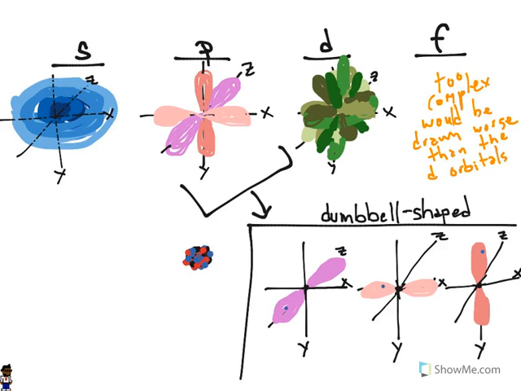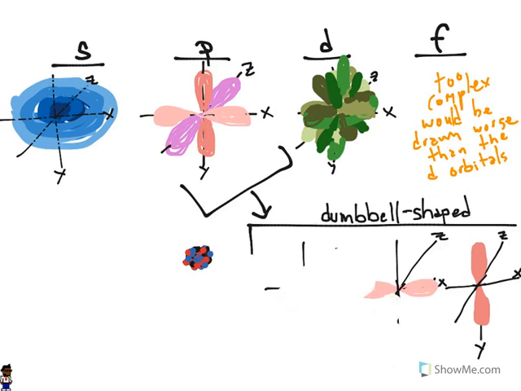Once they're all half filled, the next electron has no choice but to fill in one of the orbitals that already has an electron, and so on until they're all filled with 2 electrons each. So you can see the 3 different individual p orbitals that can be found in any energy level. And here we just have a composite of all 3 mixed together.